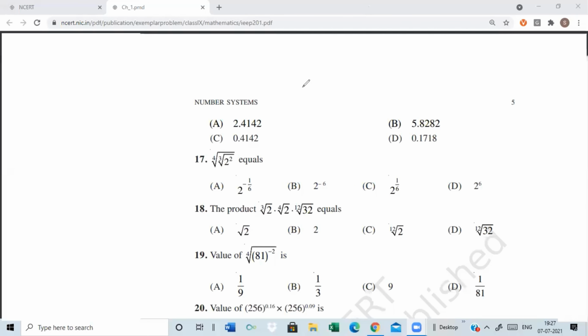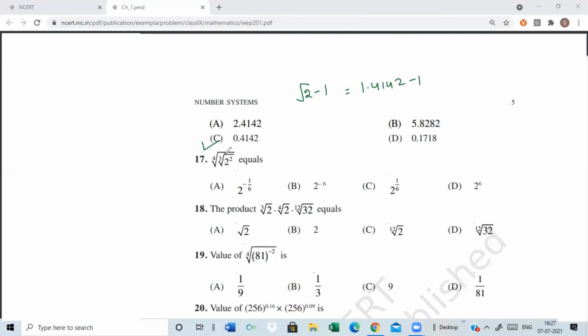We had got the answer for question 16, root 2 minus 1, right? And now we know that root 2 is 1.4142, and minus 1. So the answer will be C here, correct? Now we go to question 17.